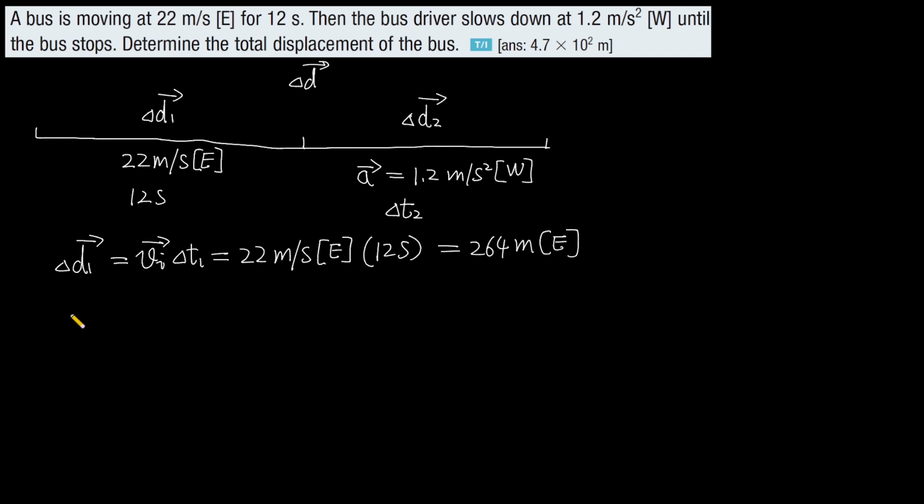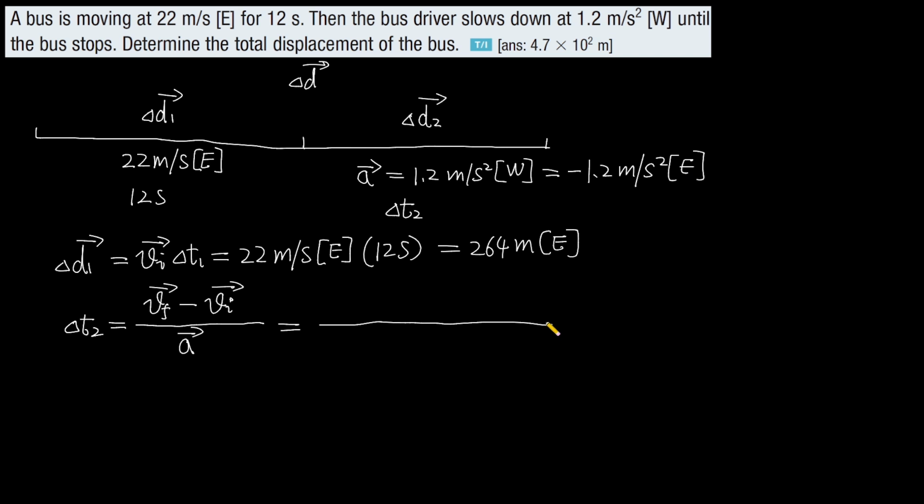According to the formula, the time interval for displacement 2 equals the final velocity minus the initial velocity, divided by the acceleration. Here, the acceleration equals negative 1.2 meters per second squared east.